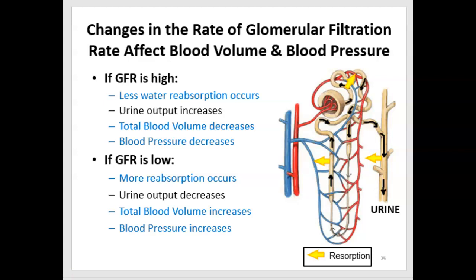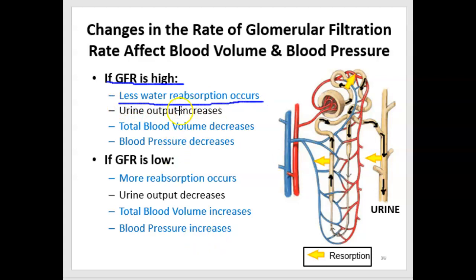And any change in glomerular filtration rate will affect our blood volume and our blood pressure. And this is related to the reabsorption that we just discussed. So this is just taking the last concept and adding another layer to it. And that is, if glomerular filtration is high, then remember the fluid is moving quickly, and so less water is reabsorbed.